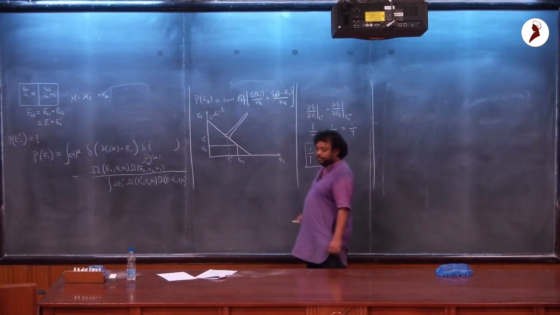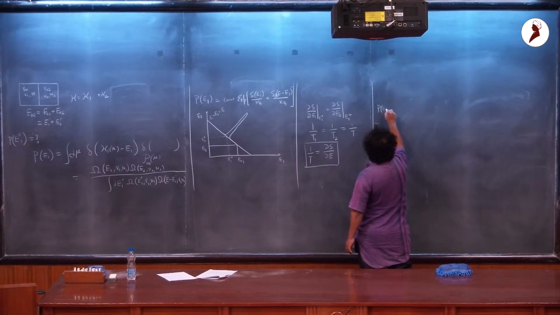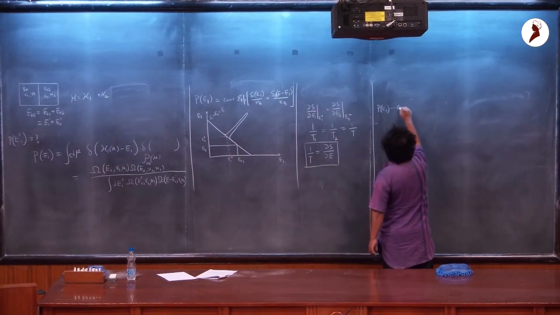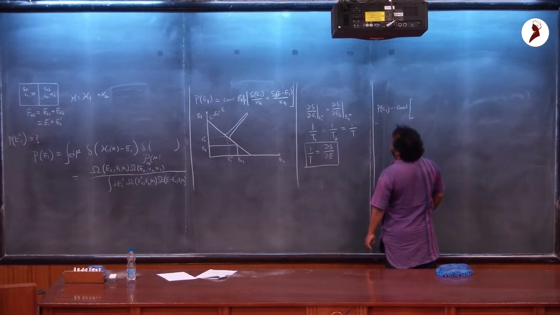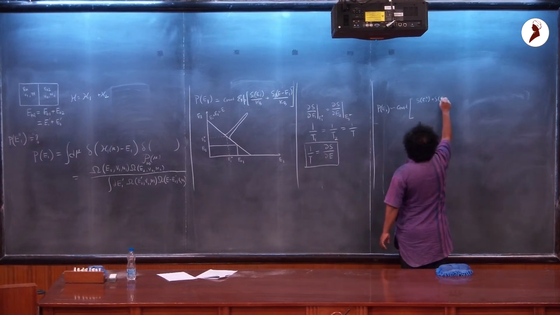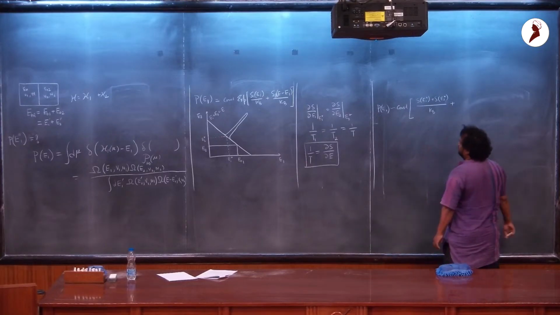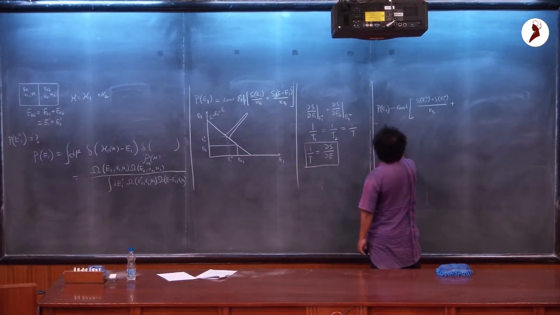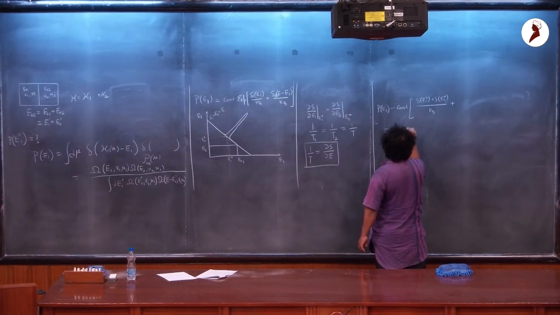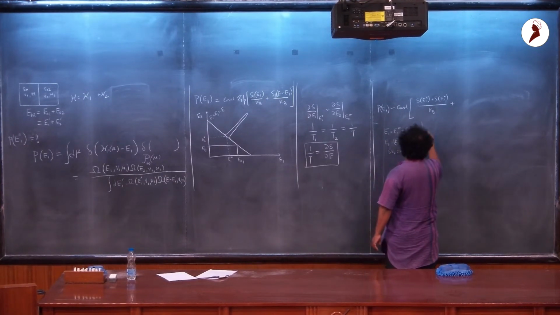It is some constant, and then you have S of E1 star plus S of E2 star divided by KB, plus, I want to expand around E1 equal to E1 star plus delta E1. So what is E2? E2 is E minus E1 star minus delta E1. So delta E2 is minus delta E1, right?